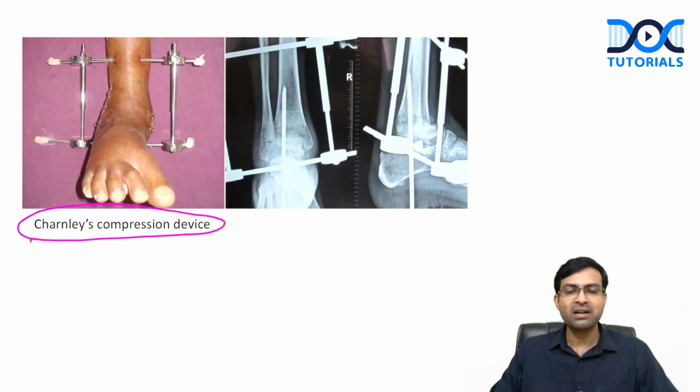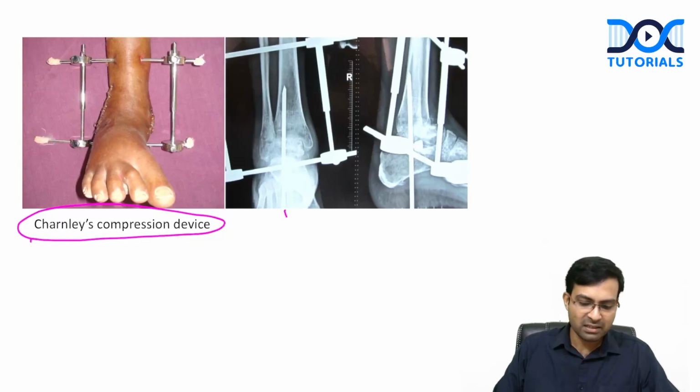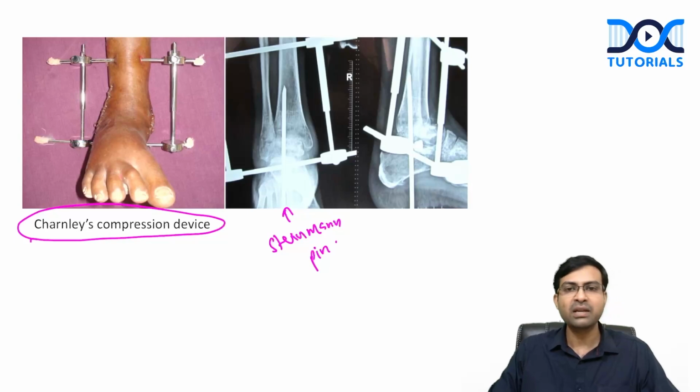Very cheap implants. And the other device that you need is Steinmann pin. So what you do is that basically after you prepare the bone ends and reduce the joint in the accurate arthrodesis position, you pass this Steinmann pin from the heel up into the talus into the tibia so that the position is maintained.